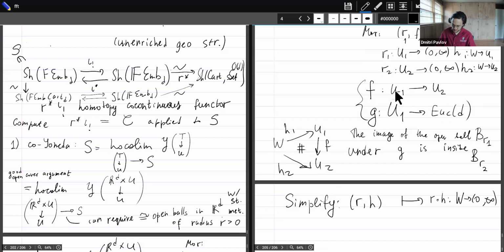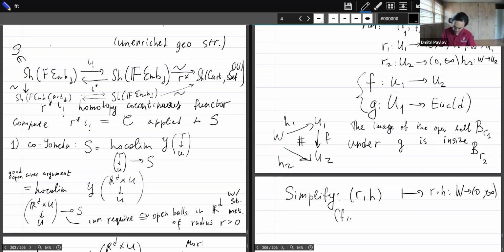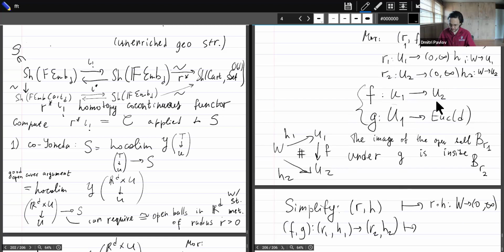And likewise, a morphism (F, G) from (R1, H1) to (R2, H2), you can map it precisely to G precomposed with H1. And this will be a map from W to the Euclidean group.